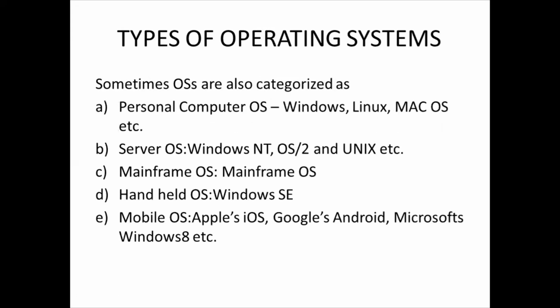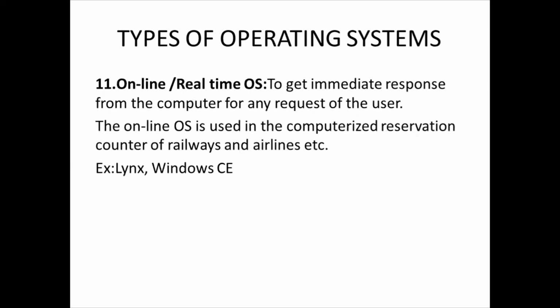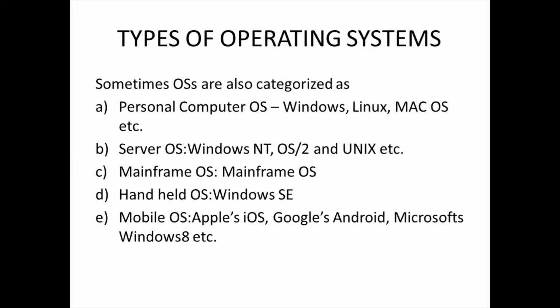All right. So now we are done with the types of operating system. There are some other operating systems as well. For personal computer operating systems, we have Windows, Linux, Mac OS, etc. For server operating systems, Windows NT, OS/2 and Unix, etc. For mainframe operating systems, mainframe itself is an operating system.